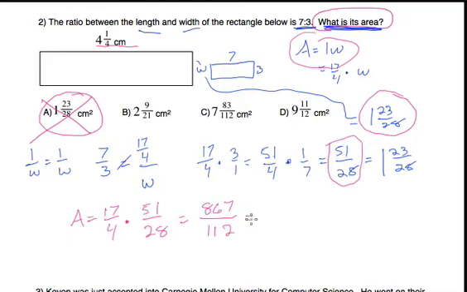And then we turn that into a mixed number. 112 goes into 867 7 times and some change.